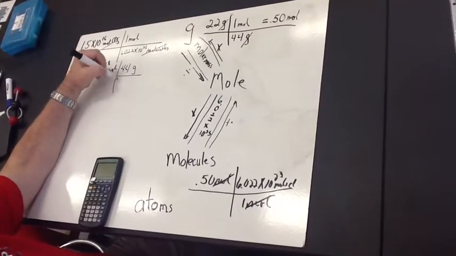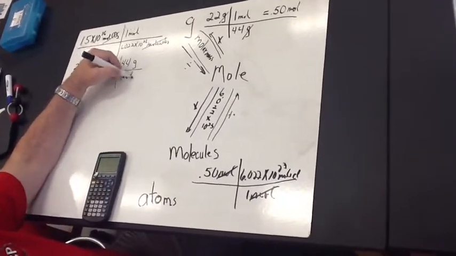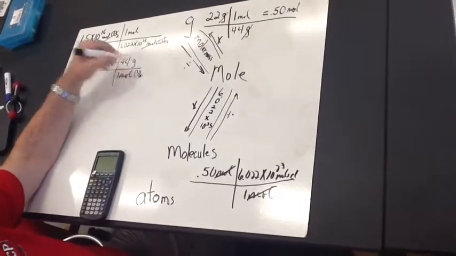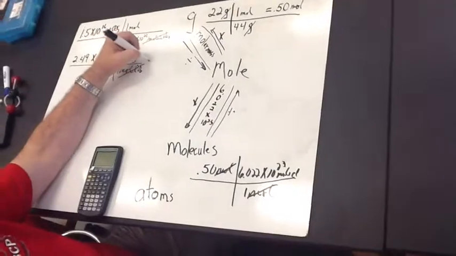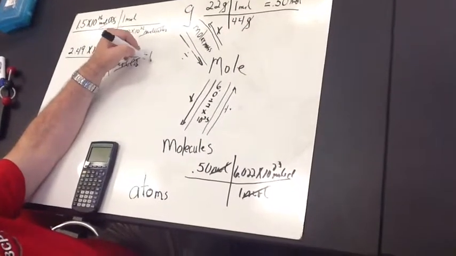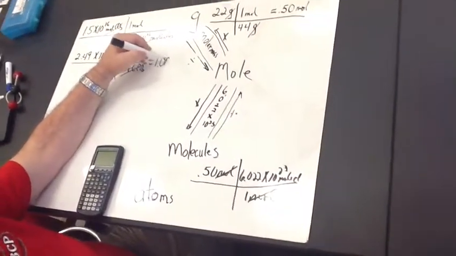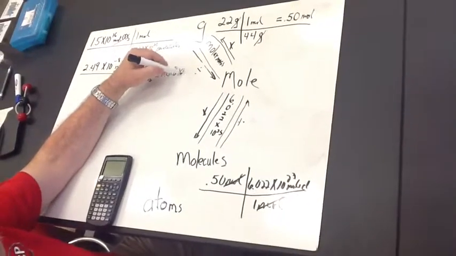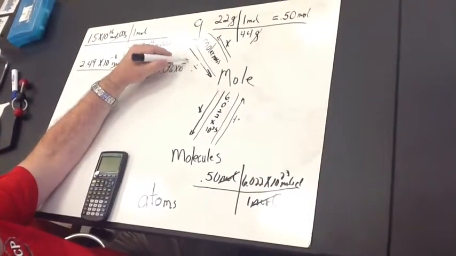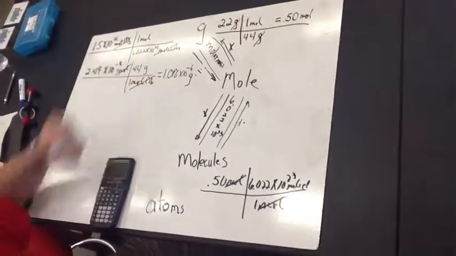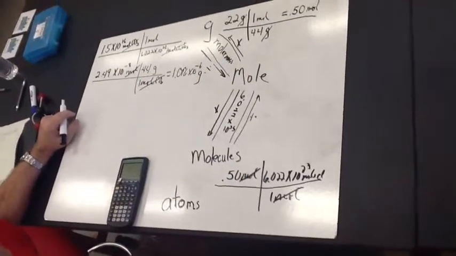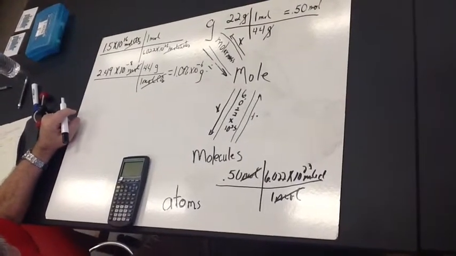So 44 grams over 1 mole of CO2. Our moles cancel out. And we're left with 1.096 times 10 to the minus 6 grams. Wow, that's pretty darn small. I don't think we could actually measure that in here. No. That's for sure.